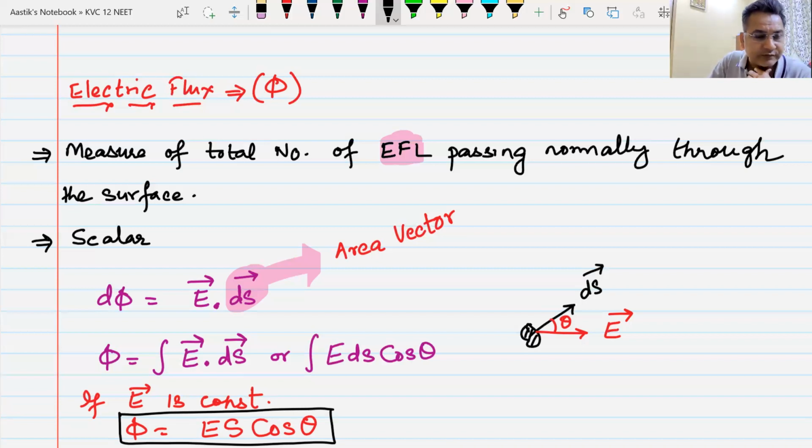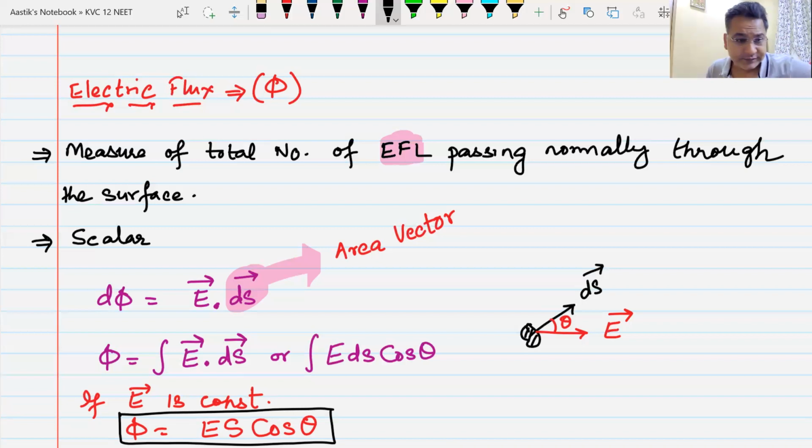I will show you the diagram. I had drawn the smaller version of the diagram. You can draw the bigger version of the diagram as well.